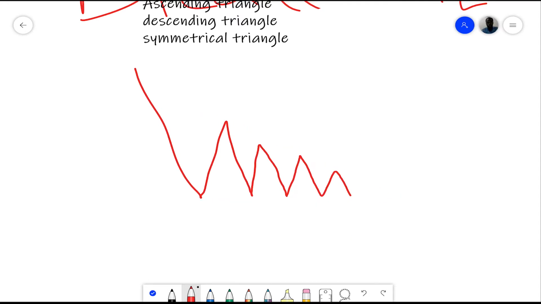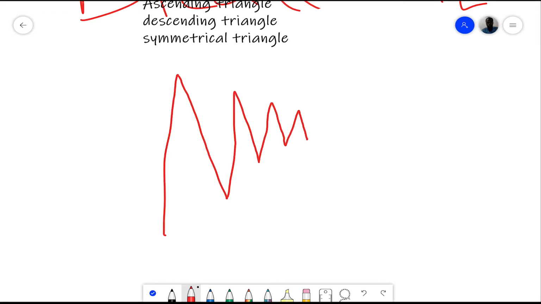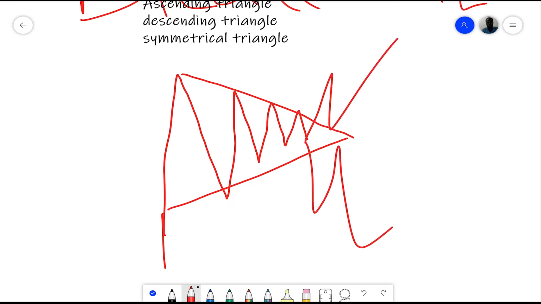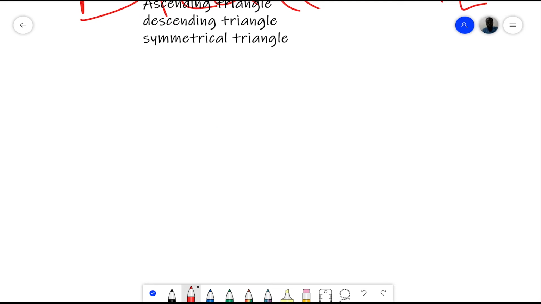You see, we have this rectangle pattern, we also have a bearish rectangle, then we have the bull pennant and the bear pennant. Let me draw them.